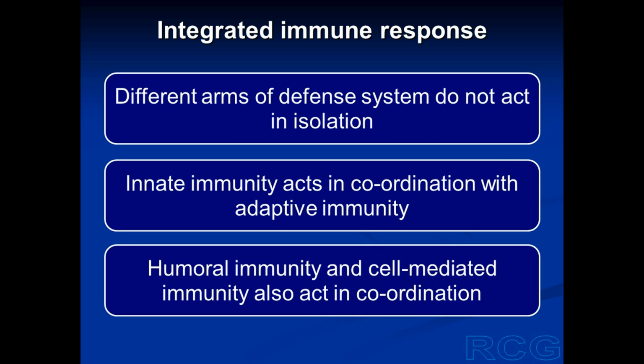In adaptive immunity, the actions of humoral immunity and cell-mediated immunity are coordinated. So because of this coordination between different arms of the immune system, we are able to mount an effective and integrated immune response when we are challenged by any pathogen.